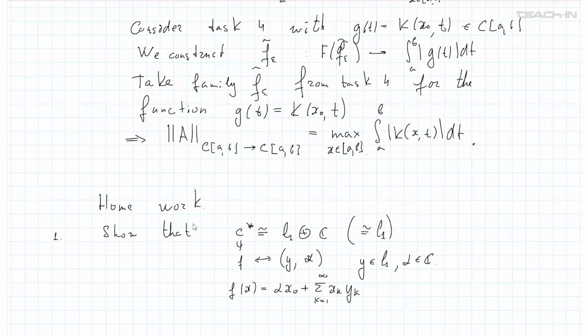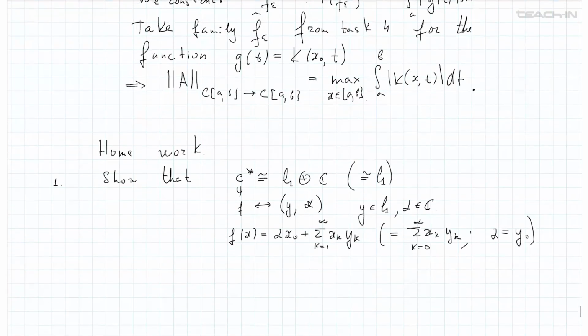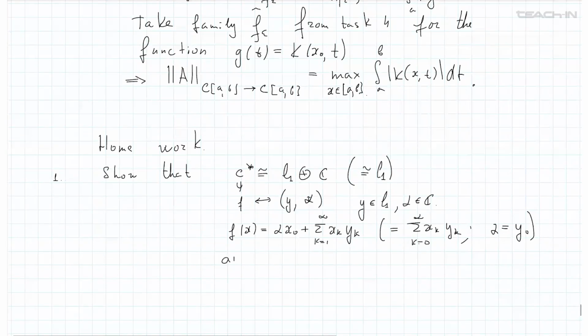You can rewrite it in the form of the sum of x_k y_k from 0 to infinity, changing alpha equals y0. And the norm of this functional equals the norm of alpha plus the norm of y.